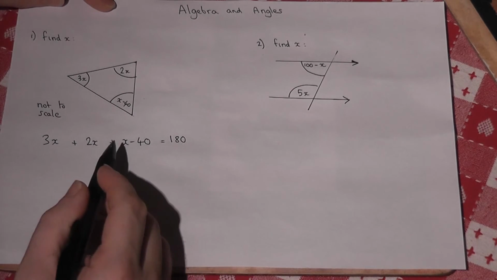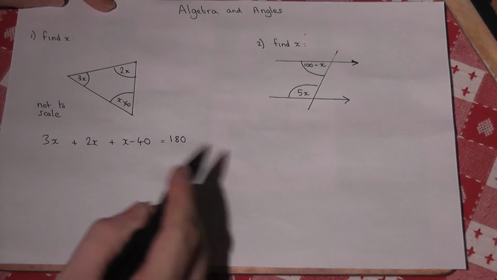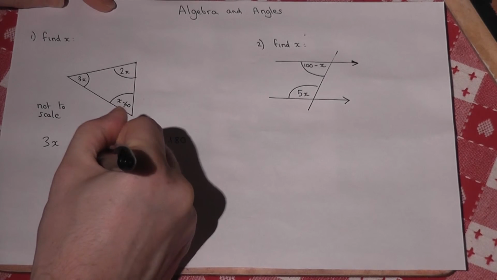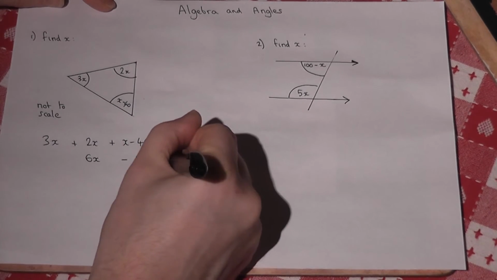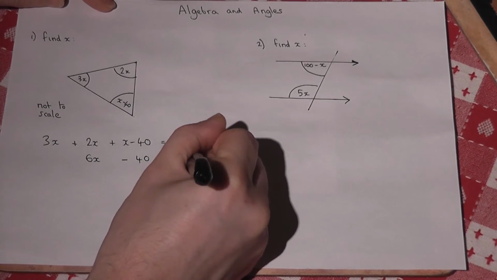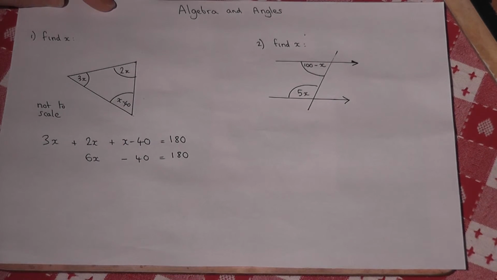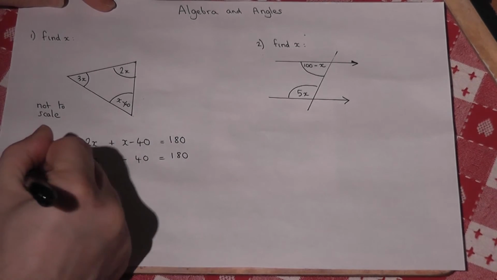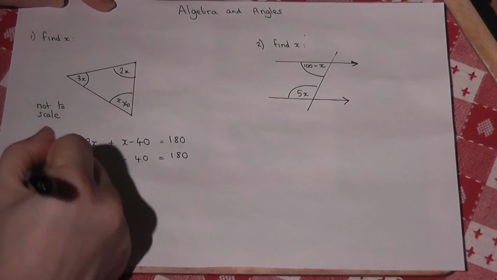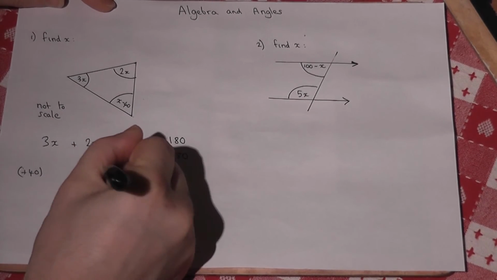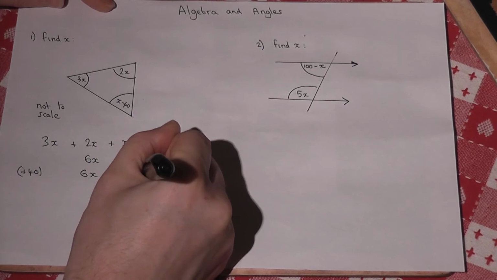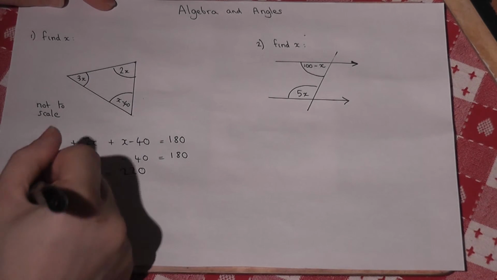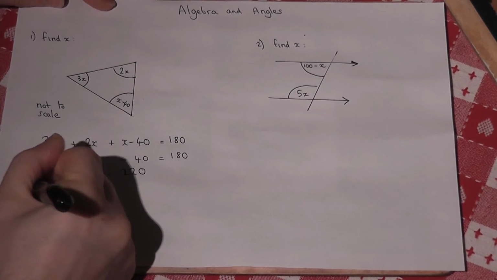I can then simplify. 3x, 2x and 1x is 6x. So 6x take 40 must equal 180. I then solve like any normal equation. I have to add 40. So 6x must equal 220. I then divide by 6.